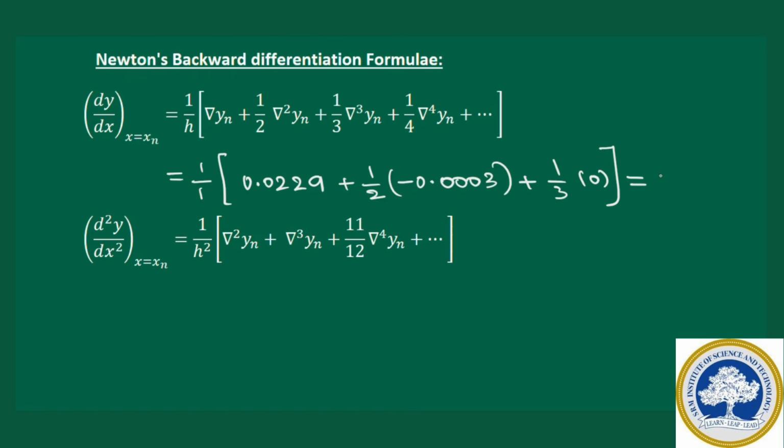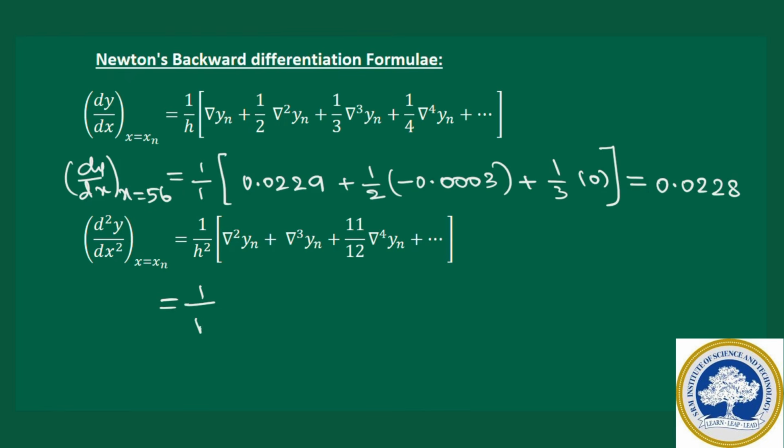After simplification we get the answer 0.0228. This is the value of dy by dx, the first order derivative, at x equal to 56.